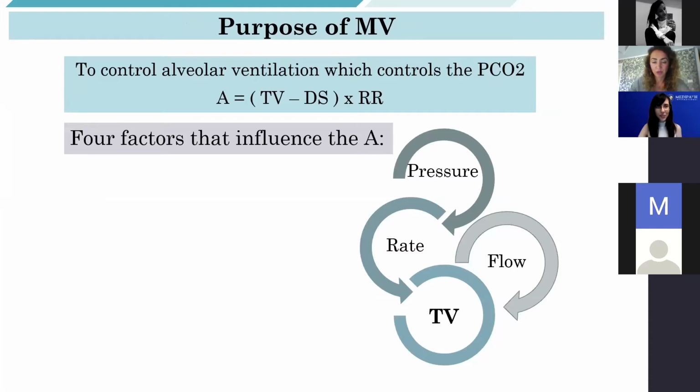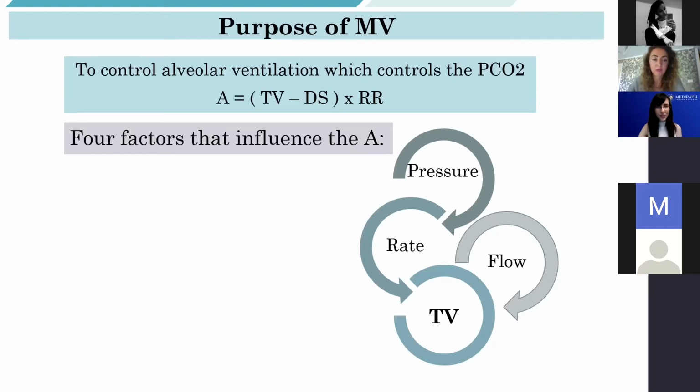The purpose of mechanical ventilation is to control the alveolar ventilation, which controls the PCO2. And remember that alveolar ventilation is the difference between the tidal volume and the dead space ventilation, multiplied by the respiratory rate.